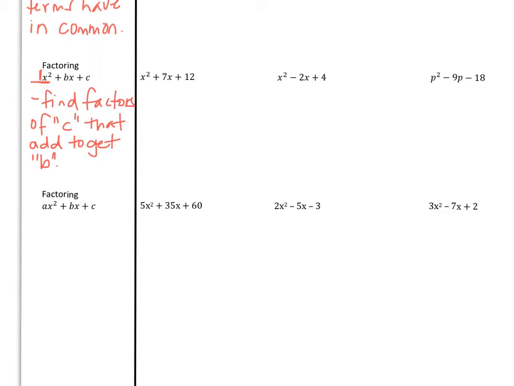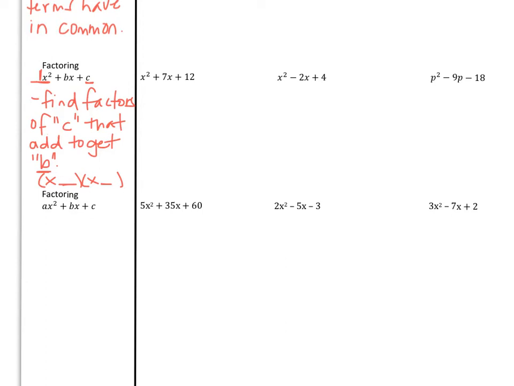Our plan is to find factors of c, that constant at the end, that add to get b, the coefficient in the middle. When you find that, you're going to split it into a product of smaller parts, and you'll split the x squared into x times x. And then we'll have things written in the second part of the parenthesis. All right, let's try that. That sounds like a lot of work.